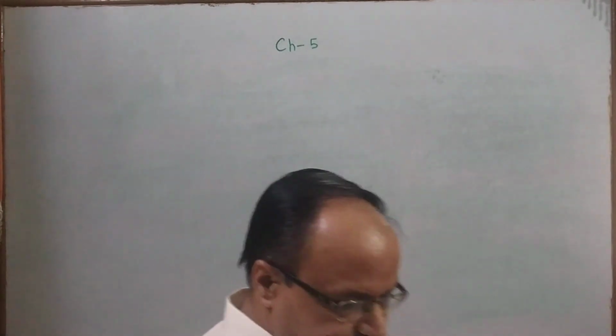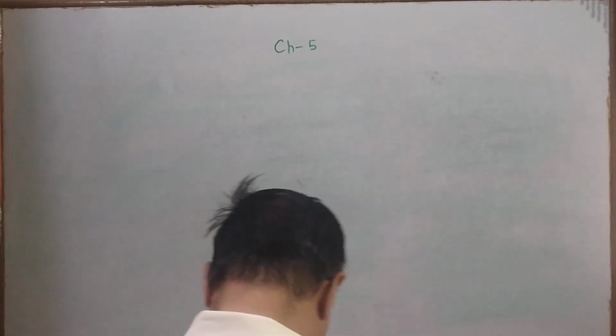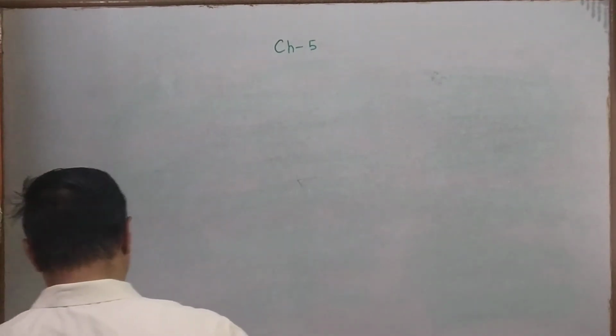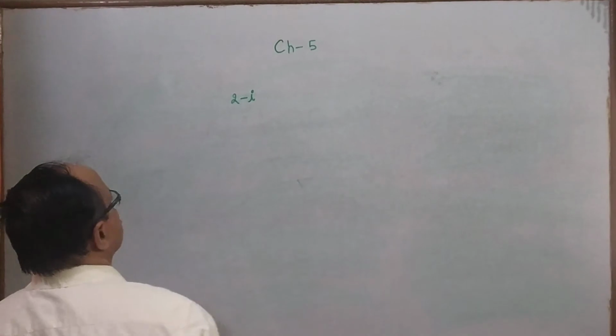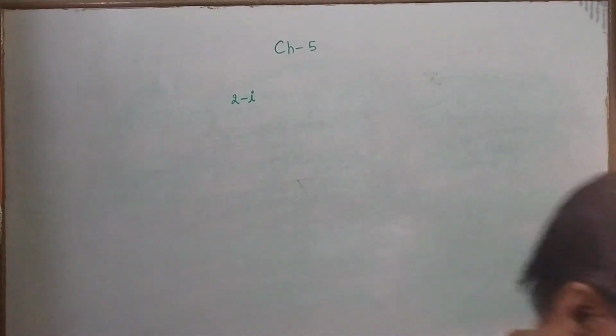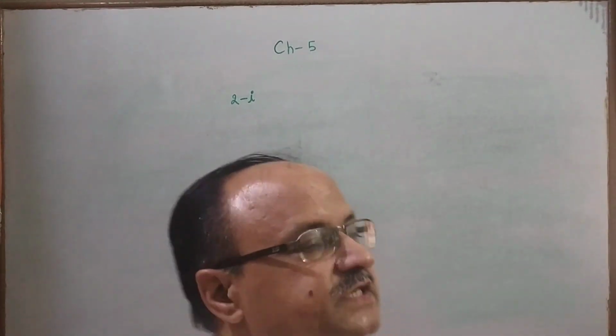Now we solve the next question. Next question is, find the multiplicative inverse of 2 minus iota. Multiplicative inverse means reciprocal.